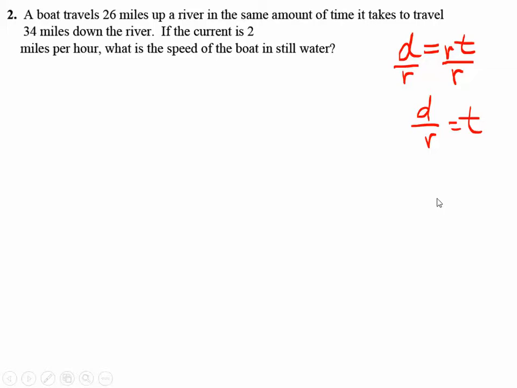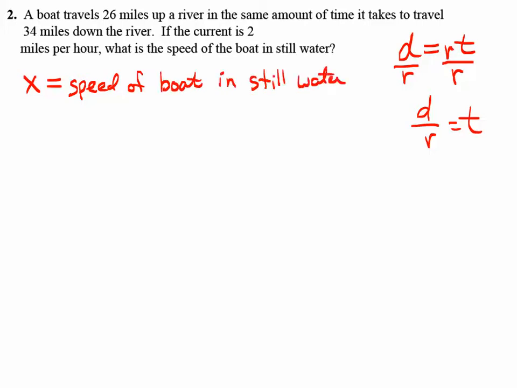Okay, now we're ready to start. I say that x is the speed of the boat in still water. And usually you can get that from the question itself. Now let's talk about the boat going up the stream with a current of 2 miles an hour.